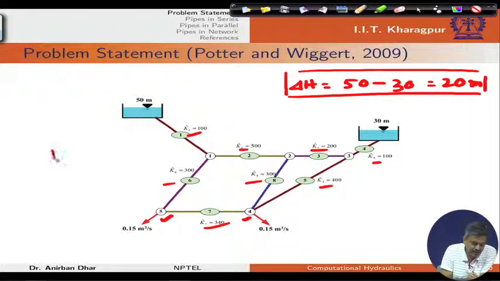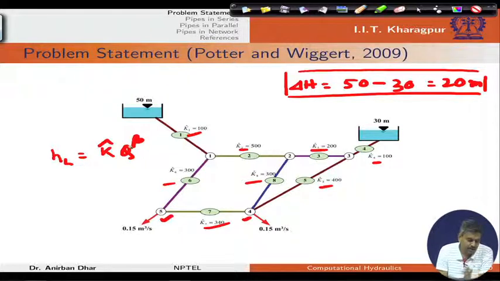We can represent our head loss equation like this, K Q to the power beta, where this beta and K can be determined from different equations. Specifically, this K value depends on the pipe diameter. If we consider our Darcy-Weisbach equation, specifically K is dependent on area.